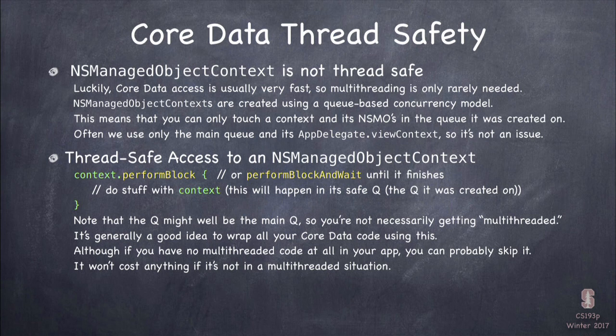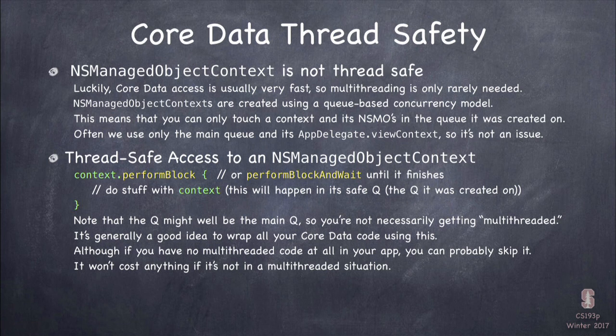But first I want to talk about this important method in context called perform block. Perform block just takes a closure that takes no arguments and returns no arguments, and it will ensure, this is an insurance method, that everything inside that closure happens on the right queue for that context.